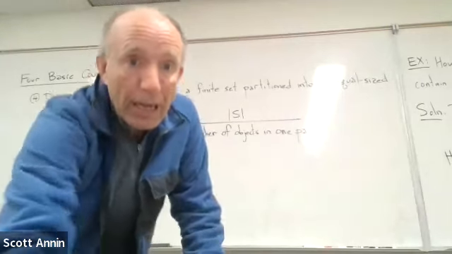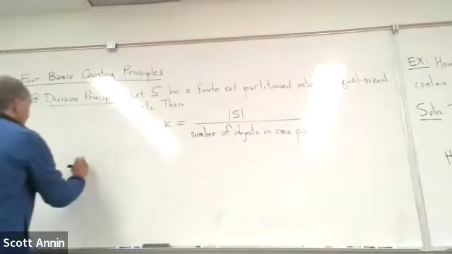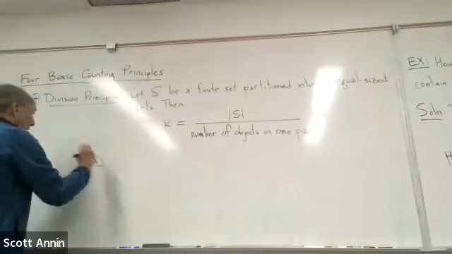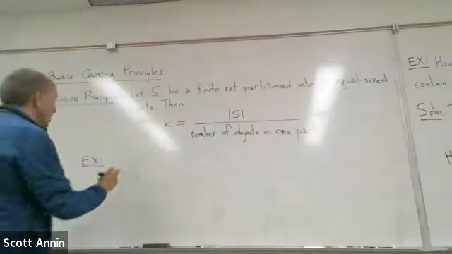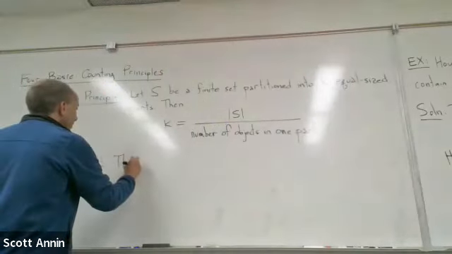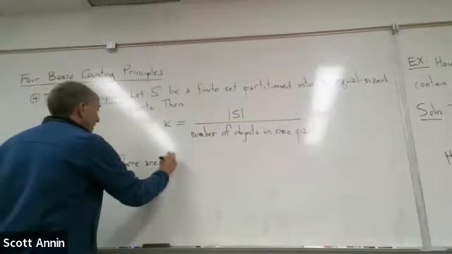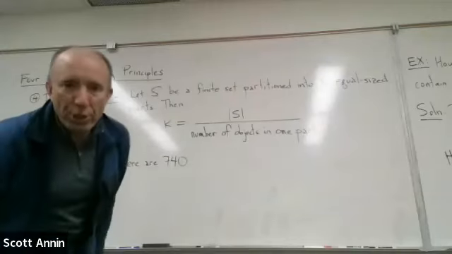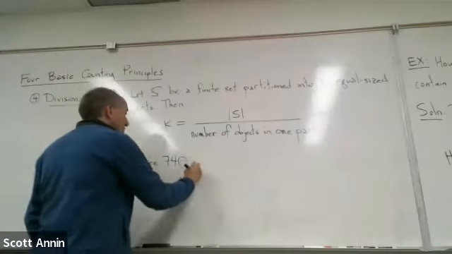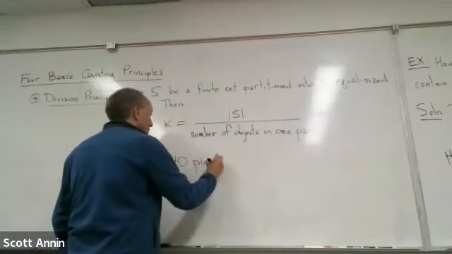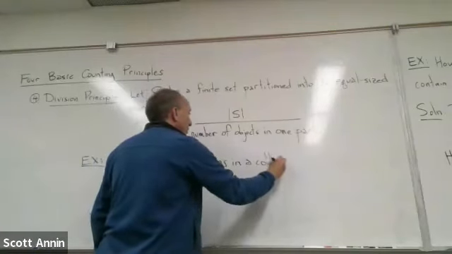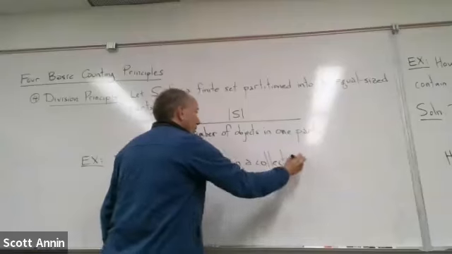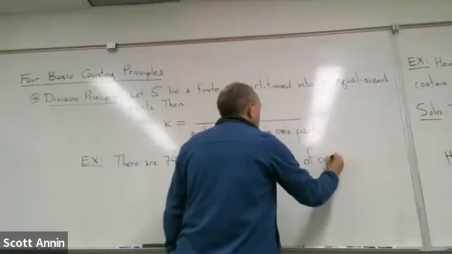If we focus just on one of the parts, then we can actually figure out how many different parts there are. As an example of this, taking one straight out of the textbook, let's suppose that there are 740 pigeons in a collection of pigeonholes.